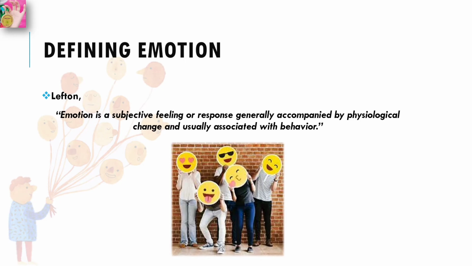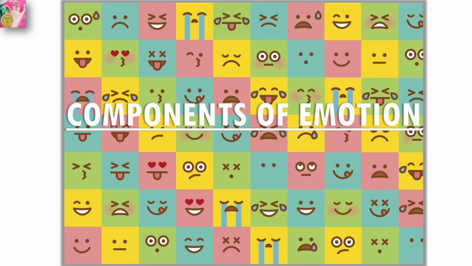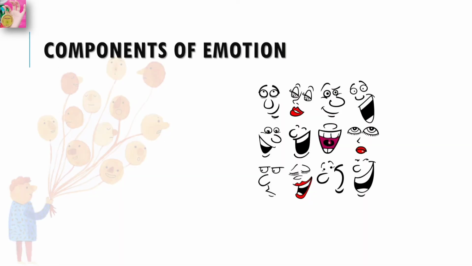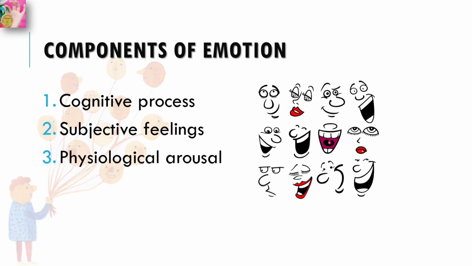So let's move to our next topic, which is about components of emotion. Now, basically, there are 4 components of emotion. The first one is cognitive process, then subjective feelings, physiological arousal, and behavioral responses.